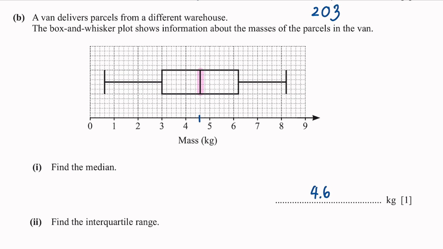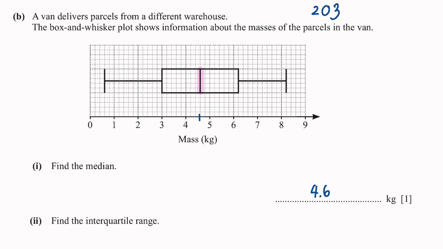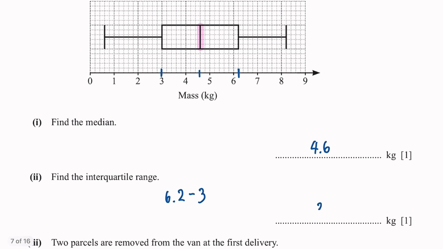The interquartile range. The interquartile range is the upper quartile minus lower quartile, and the upper quartile is 6.2 and the lower quartile is 3. Therefore, 6.2 minus 3 is equal to 3.2.